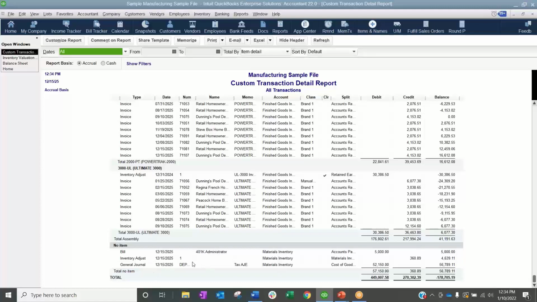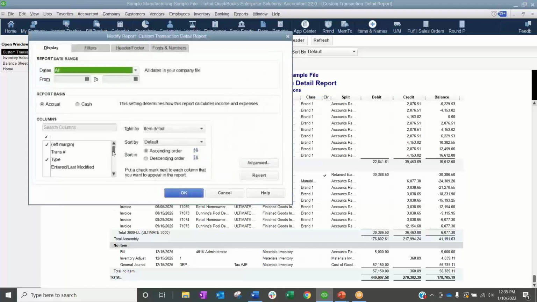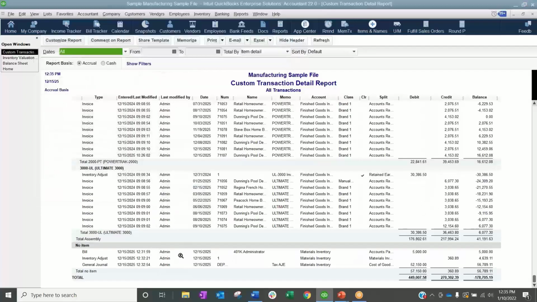So this report is really important to get to and to review periodically, because first of all, we need to course correct, right? Who came in here, and who and when did they put in a bill directly to inventory? Because that should never happen. When would we do that? Why would we put a bill to inventory and not put an item to it?